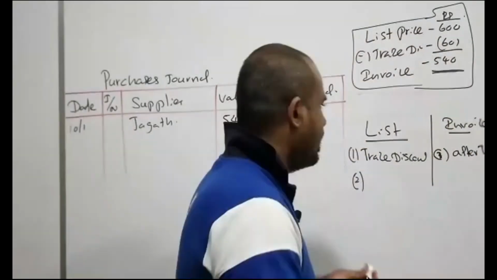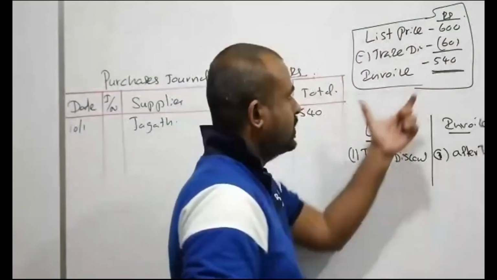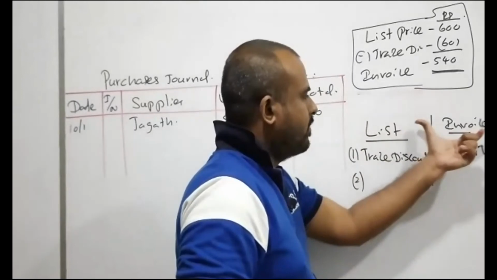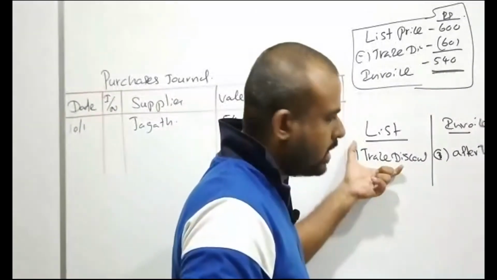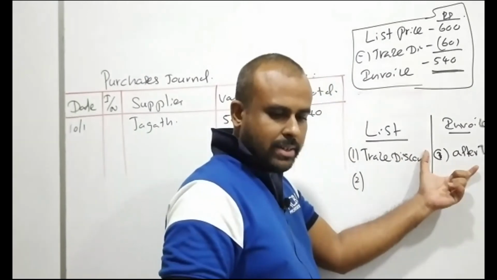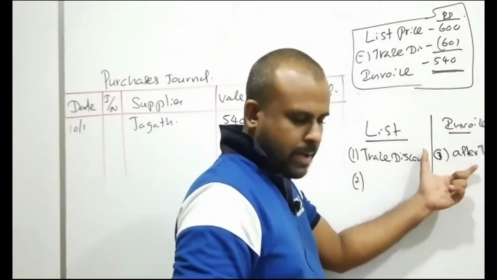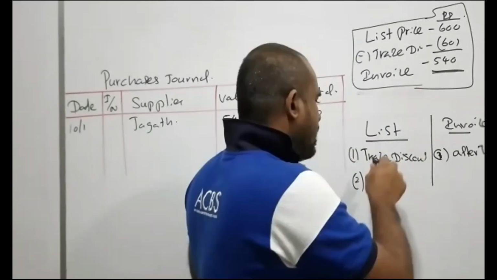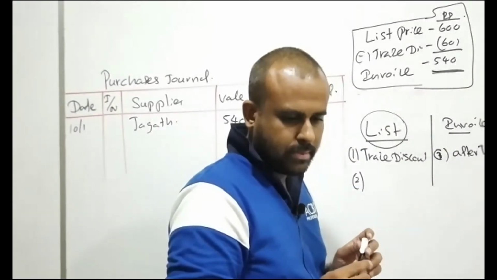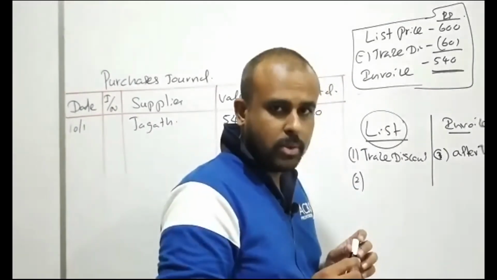But there was a question I gave. What is the difference between the list price and the invoice price after the trade discount? List price, do we record it in the books of accounts?